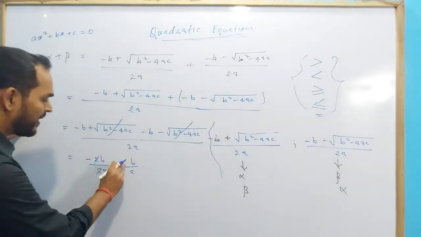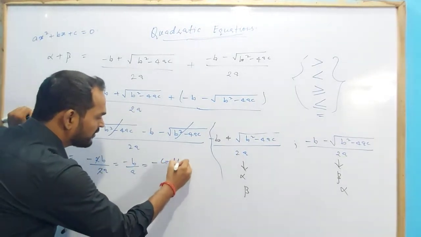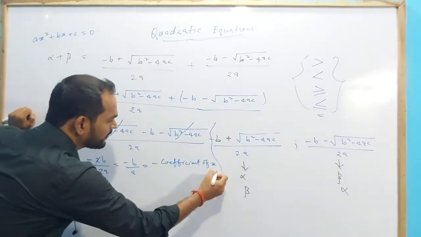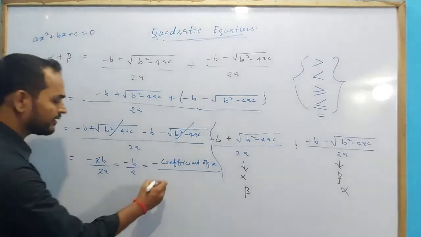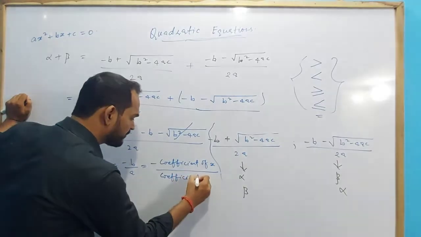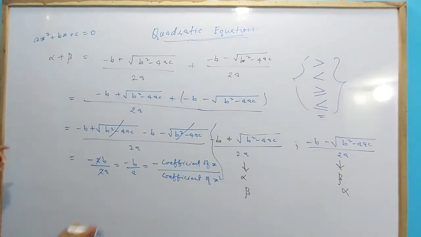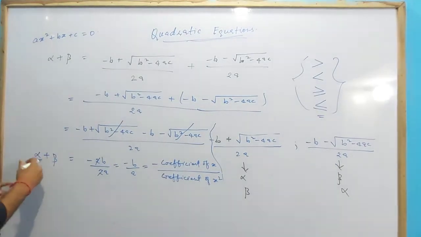So here minus b should be written as minus coefficient of x divided by a, which is the coefficient of x square. So this is the relation between alpha plus beta and its coefficients.